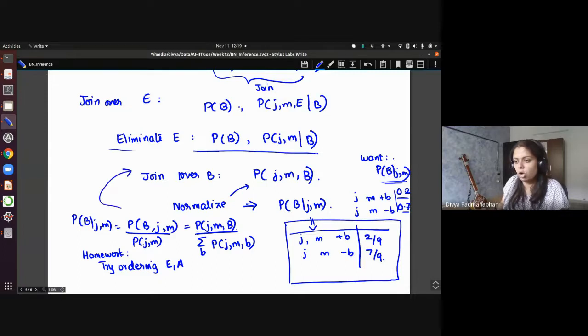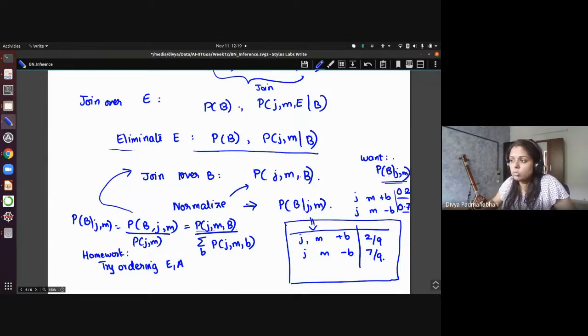If you do a join of tables, what you get is a joint distribution. So P of B and P of JM given B gives you the probability JMB, by the multiplication rule, the chain rule.